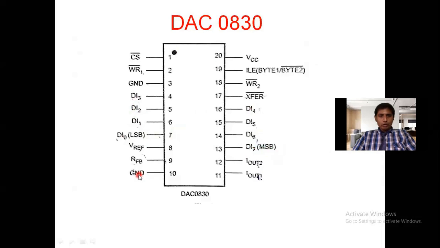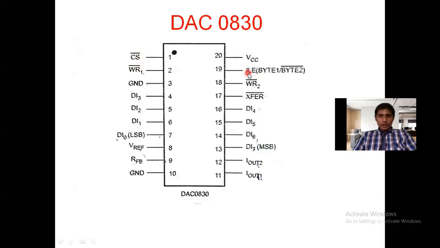Similarly, the DAC has 2 grounds: the 10th pin is ground and the 3rd pin is also ground. Why 2 grounds? Because on the DAC one side is digital and the other side is analog. For that we need a digital ground and an analog ground, pin number 3 and pin number 10. Then we have the CS bar signal, the chip select signal. Then 2 write bars are present, WR1 bar and WR2 bar, and VCC, the power supply pin.